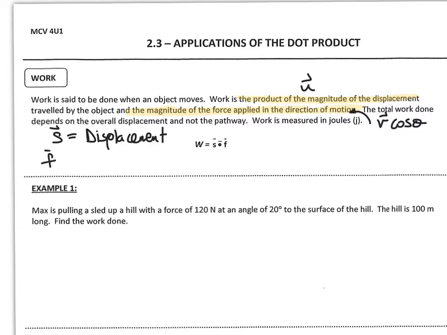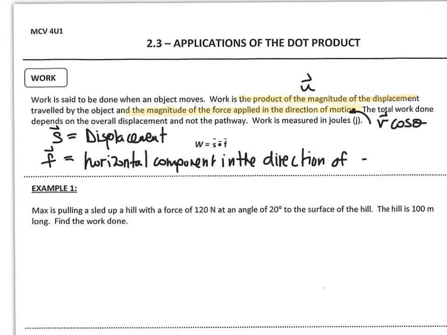And F in this case is going to be our force vector, but that will be the horizontal component in the direction of S. And that was our F cos of theta. So that's how we're going to define work, and then we'll use what we've done so far to apply it.